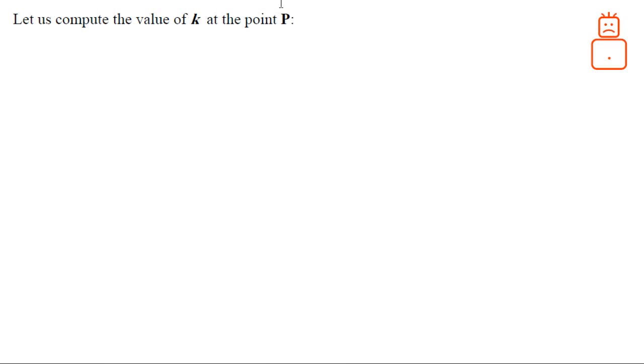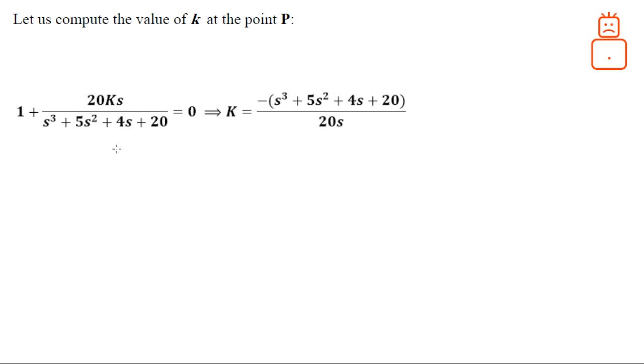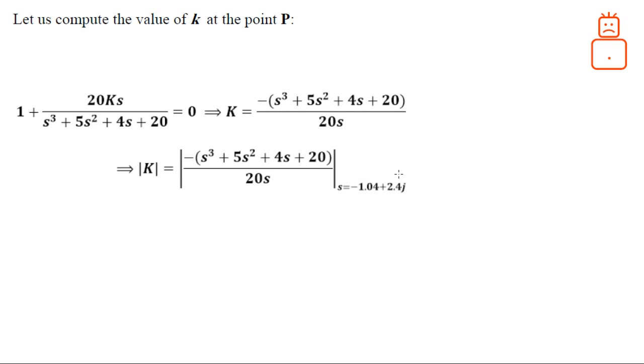Let's start with the point P. We have this characteristic equation that we modified from the original characteristic equation. We can have the value of k in this format. Instead of using the Laplace variable here, we're going to introduce our estimated pole where the line crosses the locus or the branches.